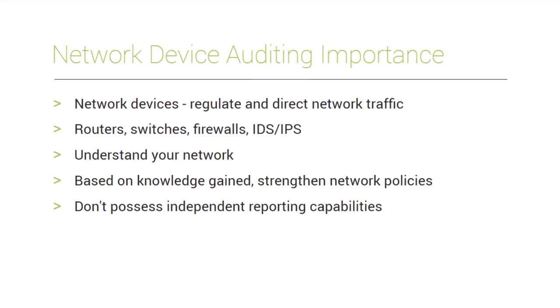From firewalls and IDS and IPS devices, you can even find out the types of attacks that are being attempted on your network. Once you have this kind of information, it helps to better prepare you to improve your network security. The knowledge you gain about your network forms the input you need to strengthen your network security.